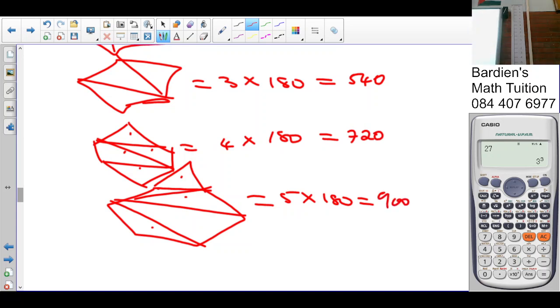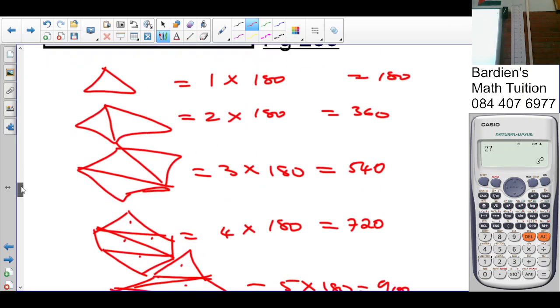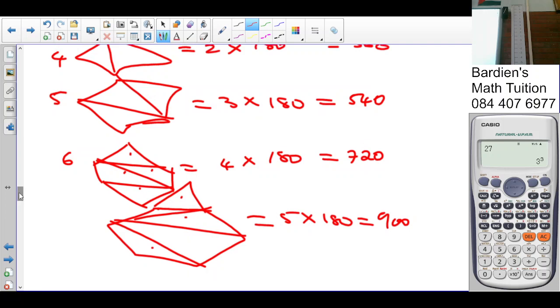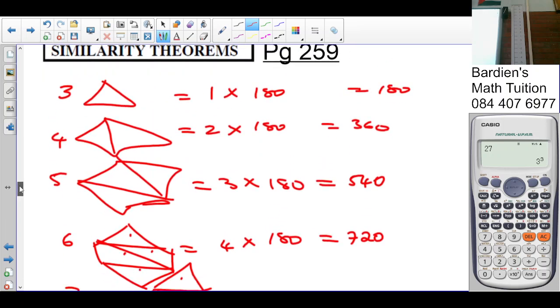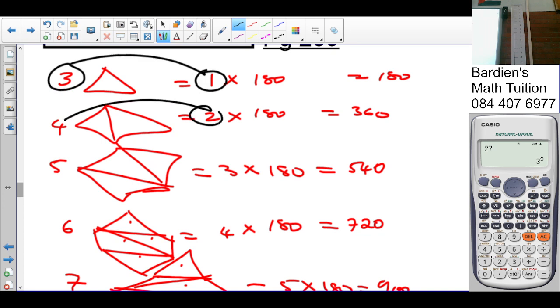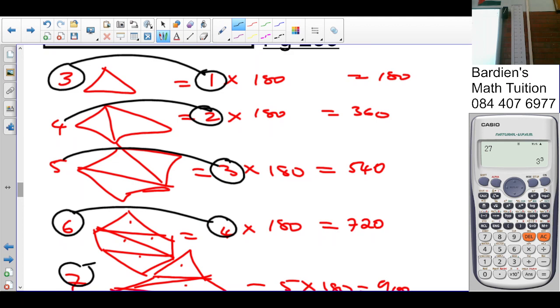So what do you notice here? This was 3 sides, 4, 5, 6, 7. What do you notice in relation to how many triangles you can get out of it? 3 sides, 1 triangle. 4 sides, 2 triangles. 5 sides, 3 triangles. There's a difference of 2.